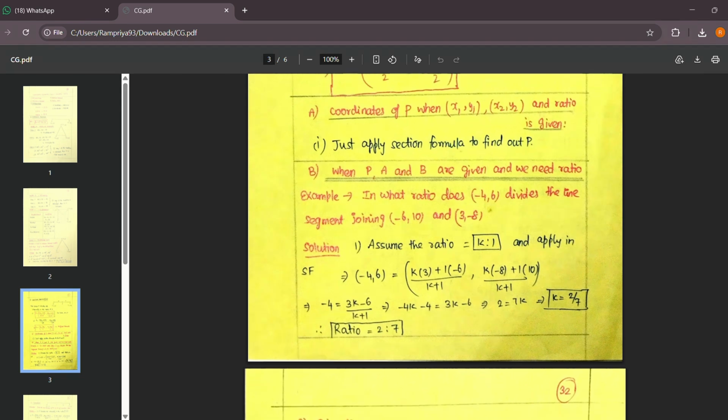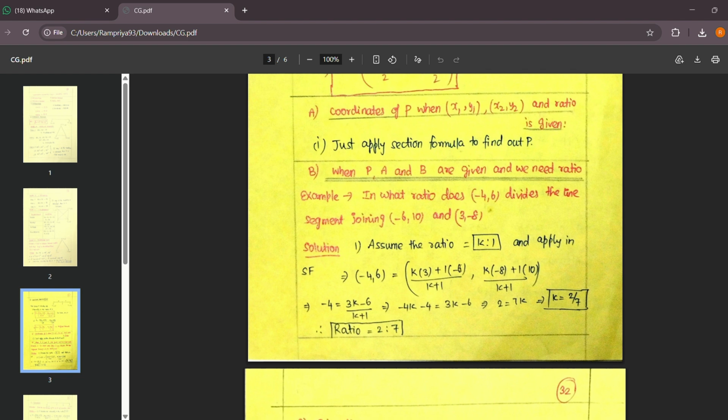So for that, I have selected an example question from NCERT. In what ratio does (minus 4, 6) divide the line segment? What ratio means, please remember, for ratio based sums always you have to assume the ratio to be k is to 1, and then you apply the section formula. So this is P, (minus 4, 6) is nothing but P. You apply the section formula and you can equate the x coordinate in both the cases.